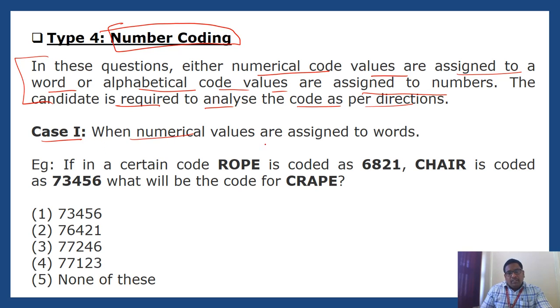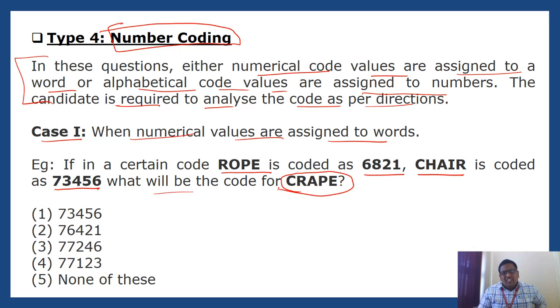Case 1: when numerical values are assigned to a word. If a certain code rope is coded as 6821, then chair is coded as 73456. What will be the code of crepe? These kinds of questions might look creepy, but they're very easy.